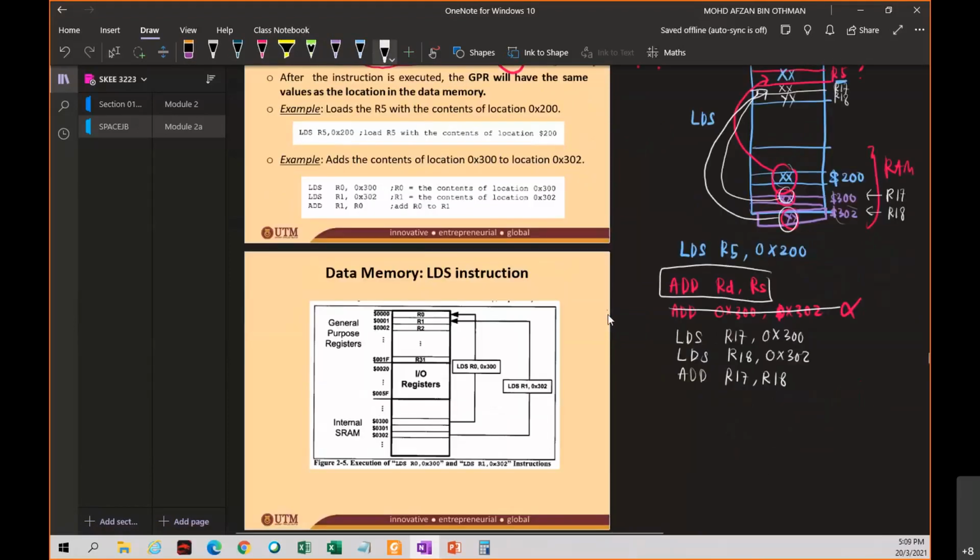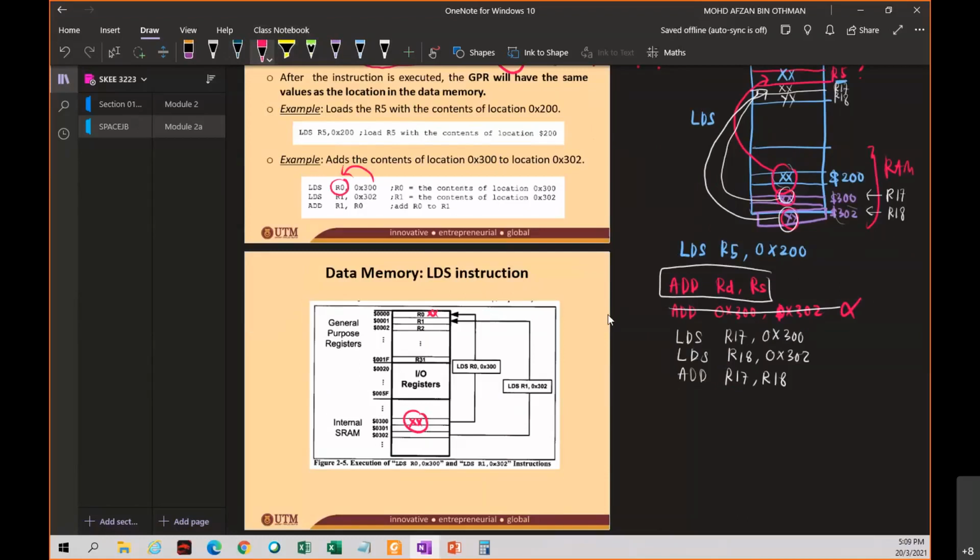So this is what happened lah. Kalau kita tengok kat sini, yang ni dia guna R0 daripada 300. So, apa yang berlaku? Pergi ke address 300. So this is address 300. Ambil the value and put to your R0. And then there's the second line here, LDS R1, 302.